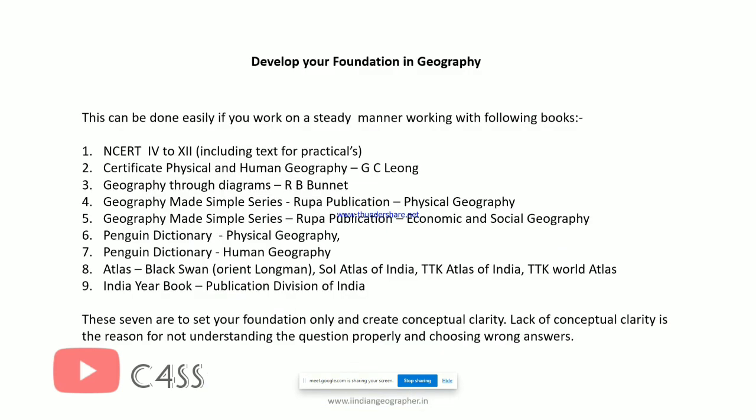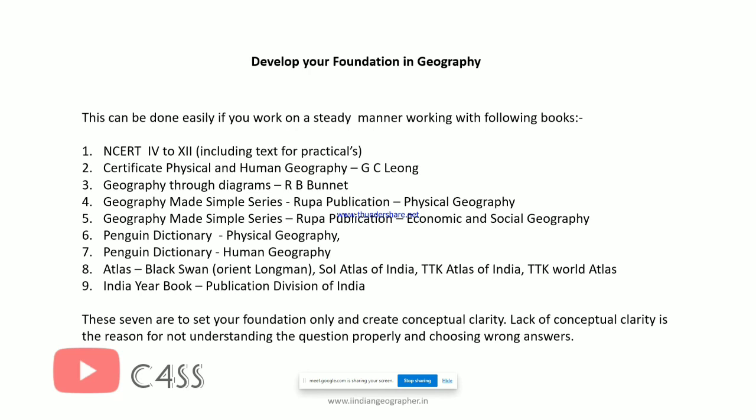Okay. Now, how to develop your foundation? These are things that you should do, right? So here, one of the most important things is to get your NCERT books, right? These are available online, right? You can start working from the 6th standard book to the 12th standard book, because without a good foundation, it is not going to happen, right?